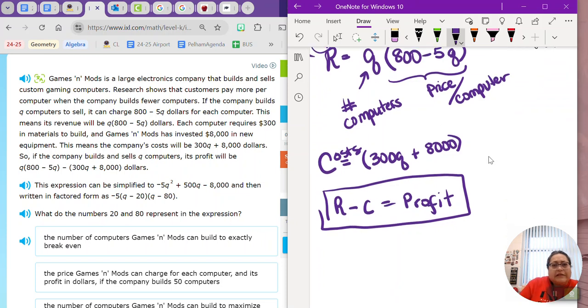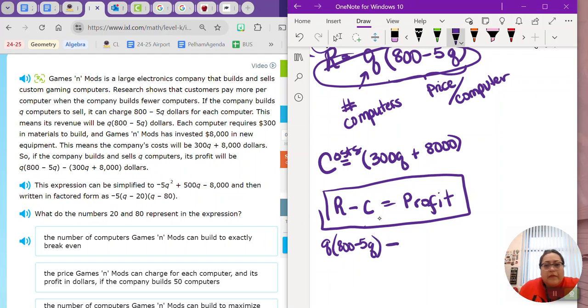That's why they have Q times 800 minus 5Q, which is the revenue, come first, minus the cost, which is 300Q plus 8,000. And that's going to be equal to the profit. Right? Interpreting is understanding these weird random numbers and what they're representing.